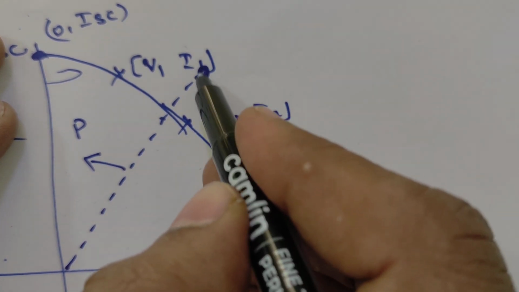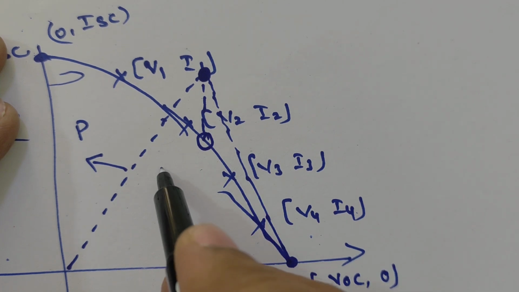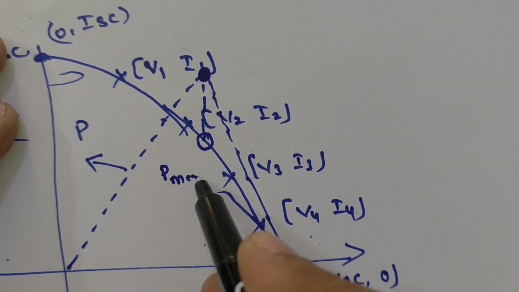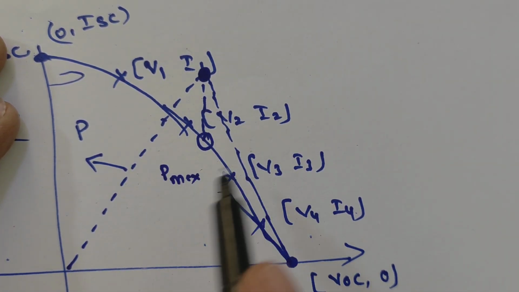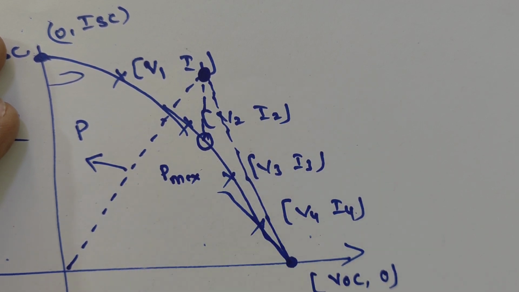The point where the power is maximum is called the maximum power point, P max. The corresponding voltage and current are taken as the power maxima points.